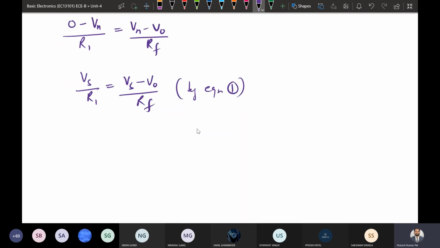So from there we will just separate it out. So it will be Vs Rf is equals to R1 Vs minus R1 V naught. So the V naught term we will separate out.